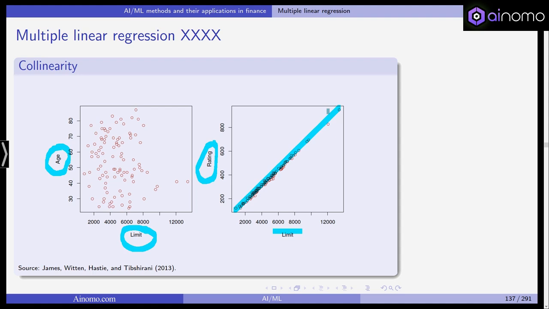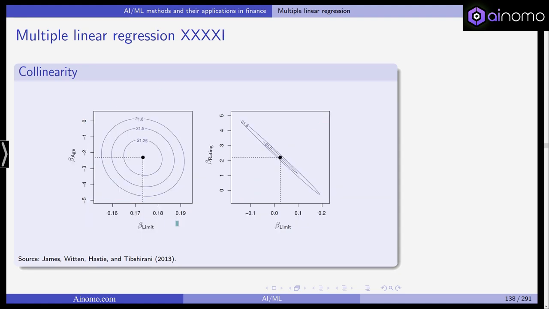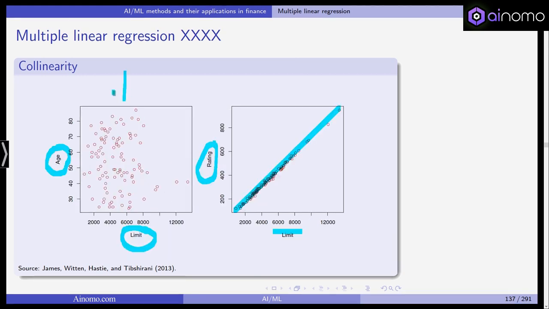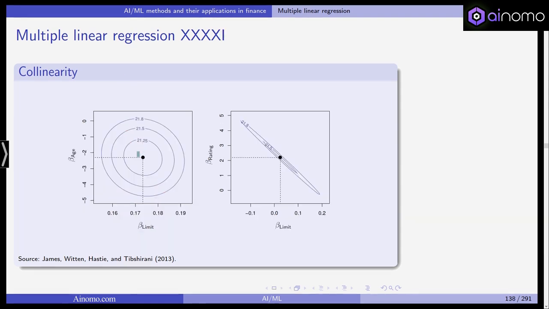So the coefficient estimates are strongly affected by this, because you now get numerical problems. This is shown here. If, for example, you have beta limit and beta age, from this plot we saw that those two predictors are not collinear, and it's quite easy to find the OLS optimum, which is here.